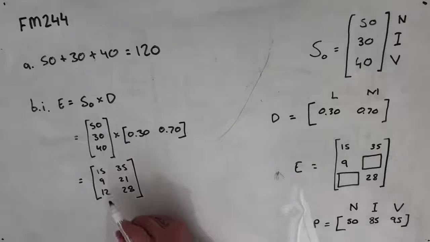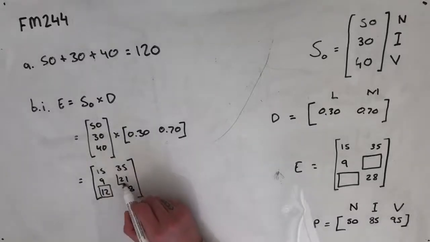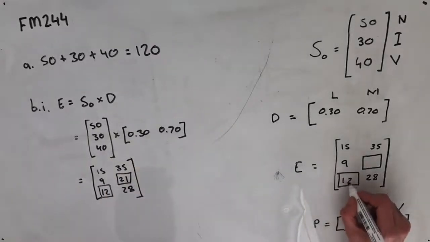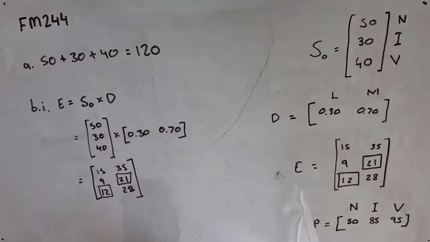Meaning that to fill in the missing boxes here, we should have 12 and 21. Store that for later. And that's part I.